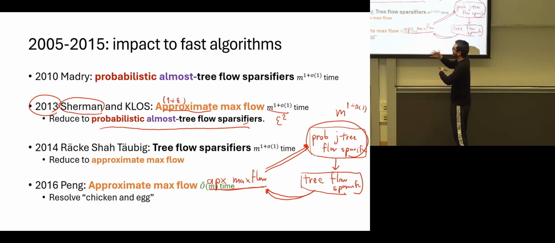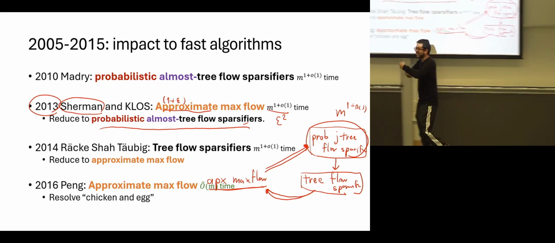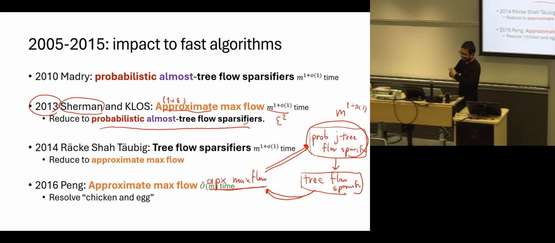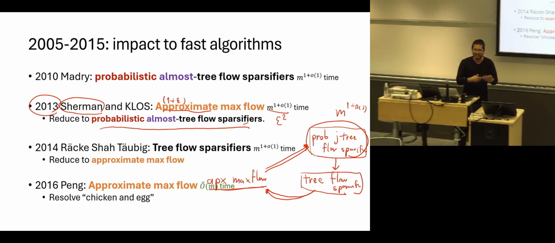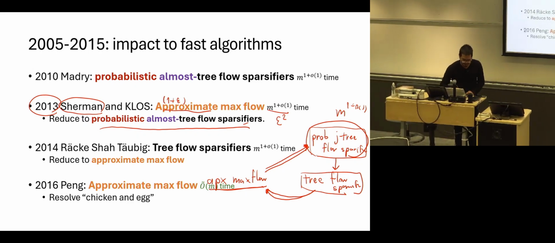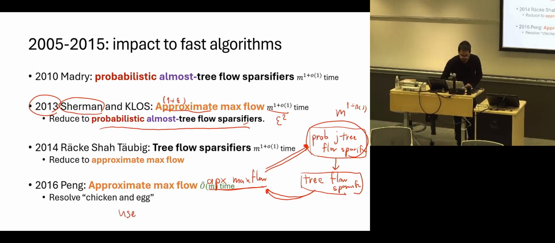The way he does it is, to solve this, just solve this, and to solve this, just solve this. There is a circle, a chicken and egg scenario, but he resolved this using something called ultra J-tree flow sparsifier.